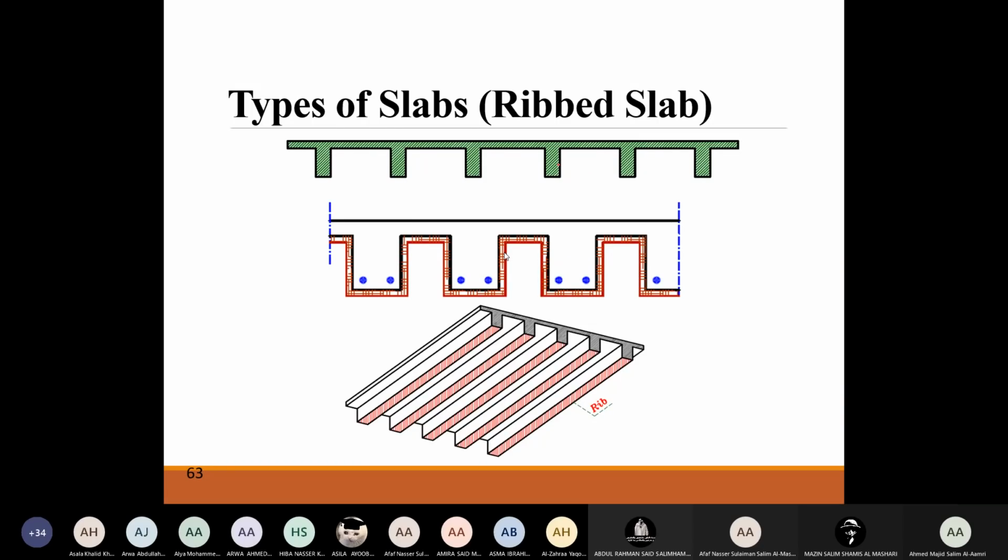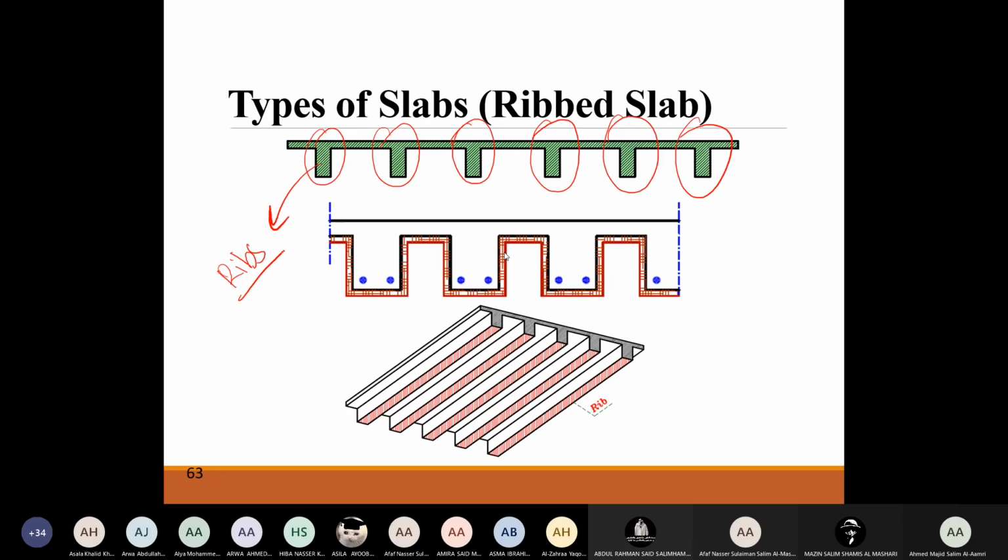Another method is the ribbed slab. Okay, a ribbed slab is something similar to our solid slab, but rather than having only supporting beams, you will have inner beams all along the slab in one direction, and these are called your ribs. So it is similar to a solid slab, but we have intermediate beams all over.